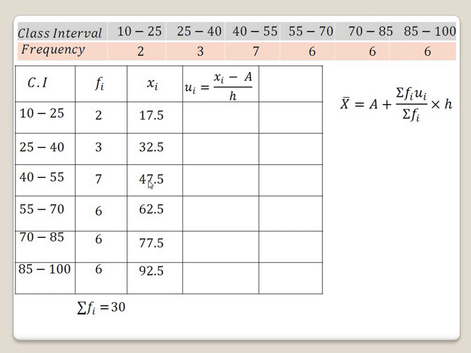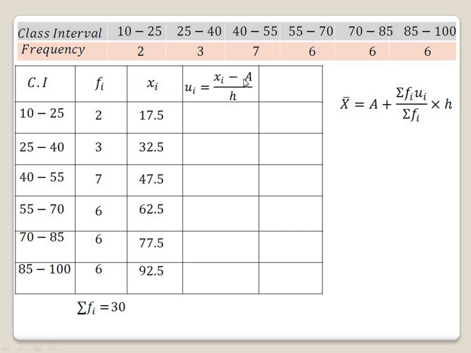We take a as 47.5. h is the class width. For the first class, 10 to 25, the formula for class width is upper limit minus lower limit, that is 25 minus 10, that is 15, or 40 minus 25, that is 15. So a is 47.5 and h is the class width, 15.